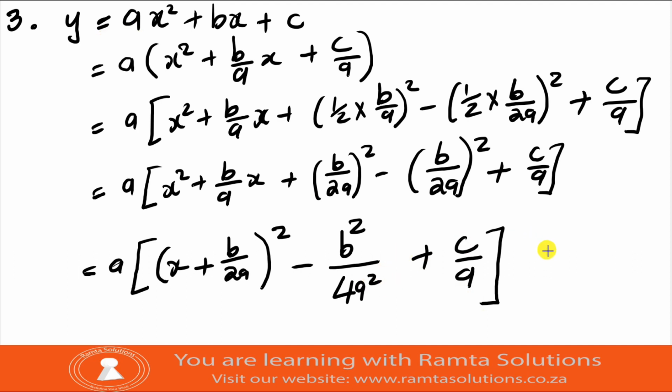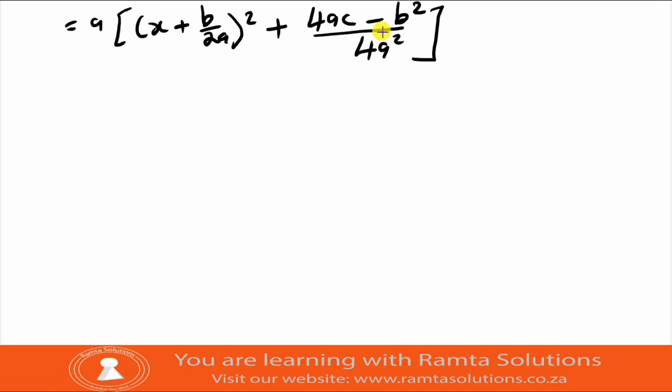So this will be negative b squared over 4a squared plus 4ac over 4a squared. Yeah, it'll be like that, so it's fine.